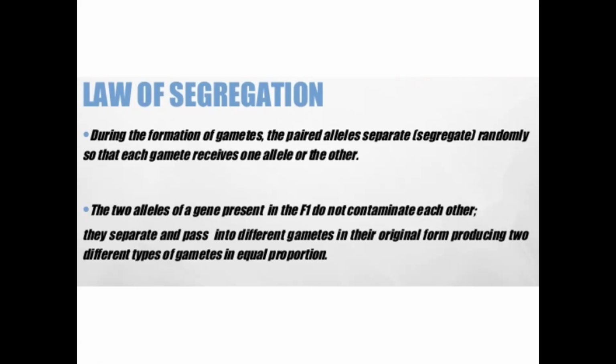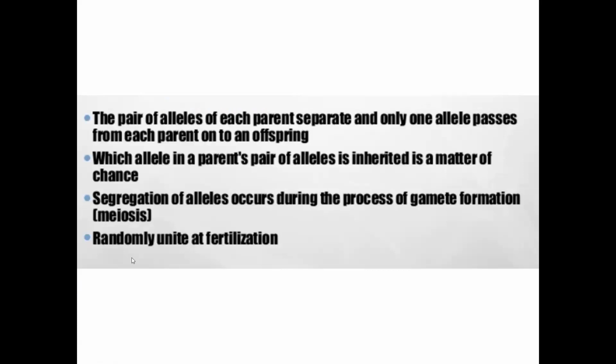So it has been seen that from one generation to another, the characters are passed through, but the characters do not express in every generation, but they remain in a dormant condition and they segregate out in different generations. Okay, so this segregation is all about how different characters are carried from one generation to another. The pair of alleles of each parent separate, and only one allele passes from each parent to an offspring.